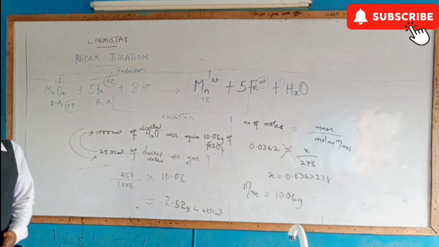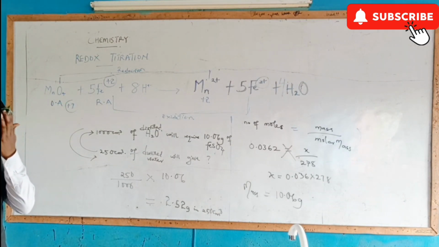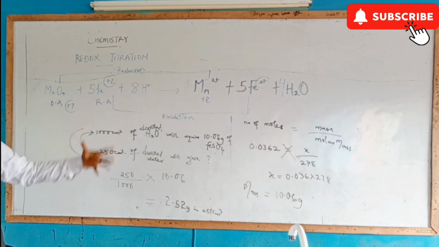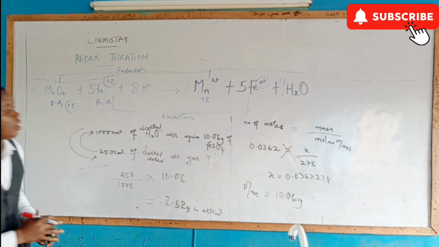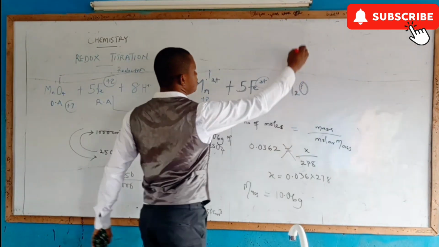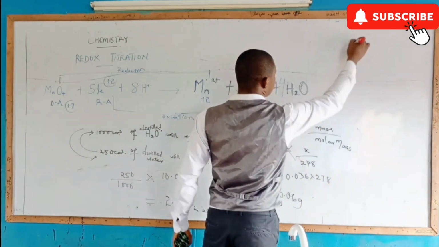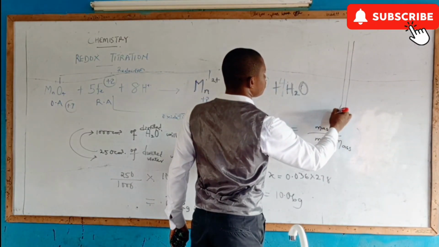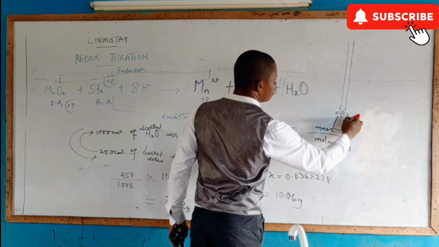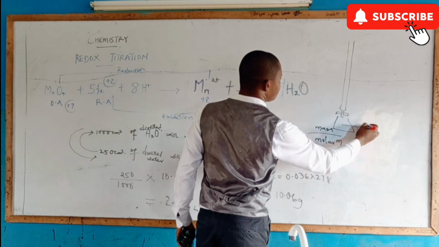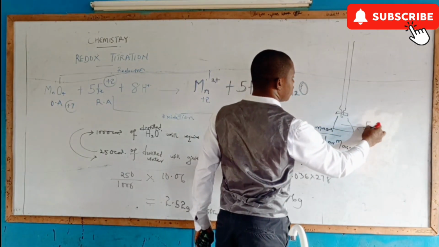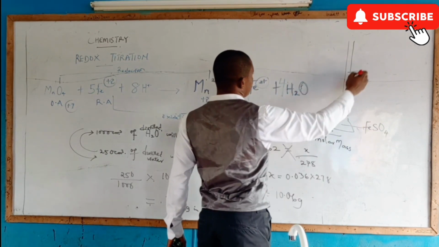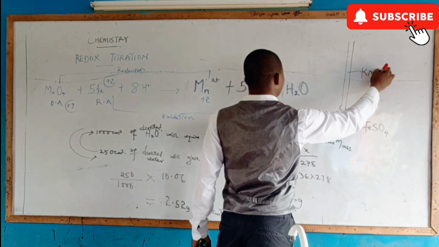Aside from this, it is also important to know that during the redox titration, we don't really have an acid or a base. In a typical titration setup, here we have the iron sulfate solution, and in the burette we have the potassium permanganate.